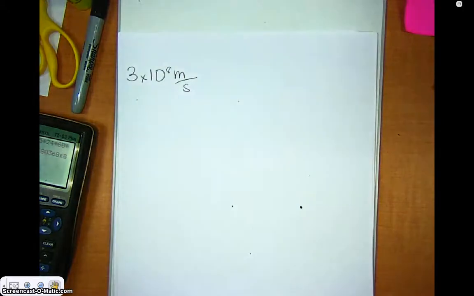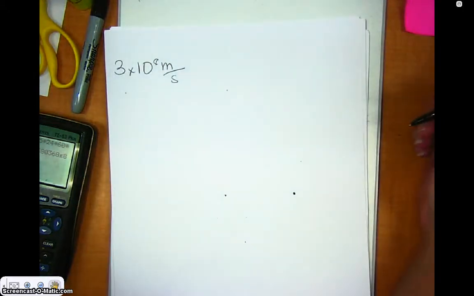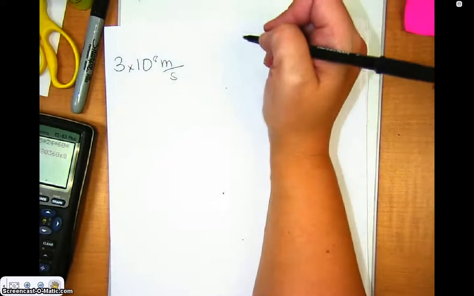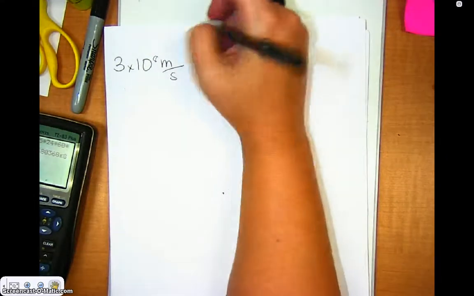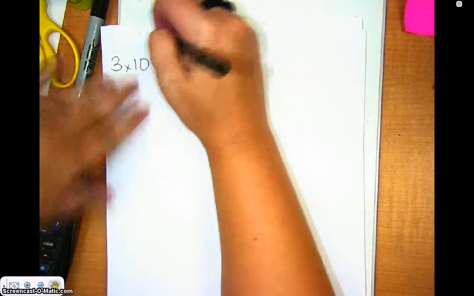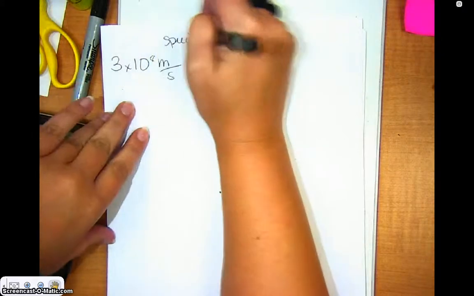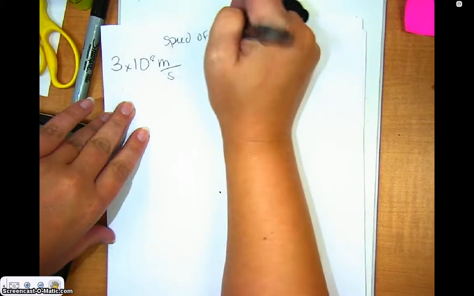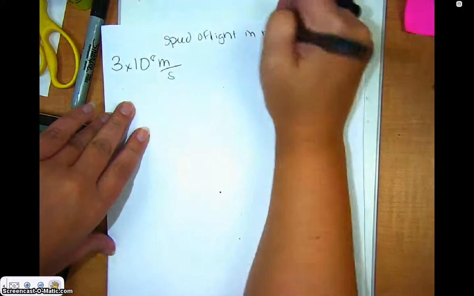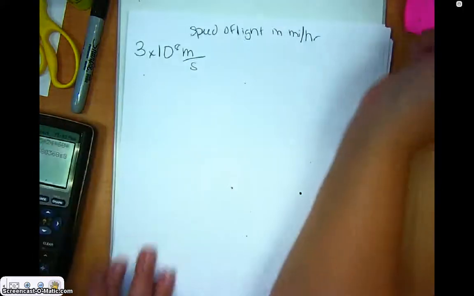So let's ask ourselves, well, how many miles per hour is that? Because that sort of makes sense to us, because that's the way we measure speed right here. So let's figure out the speed of light in miles per hour.